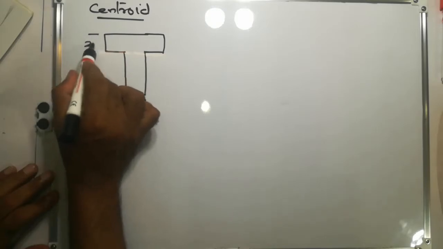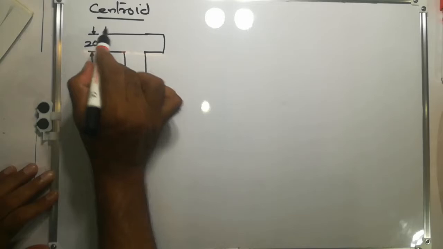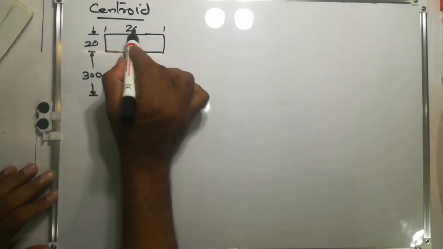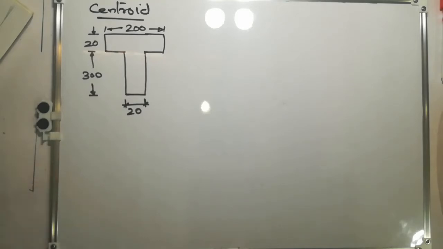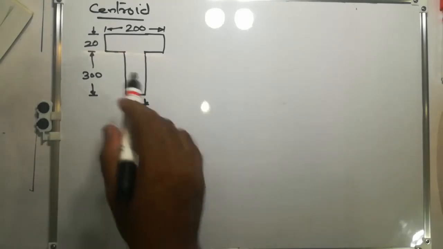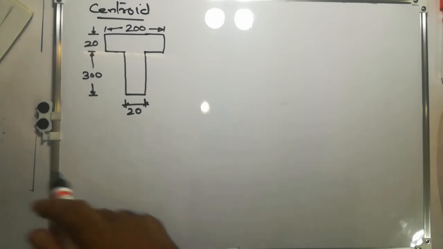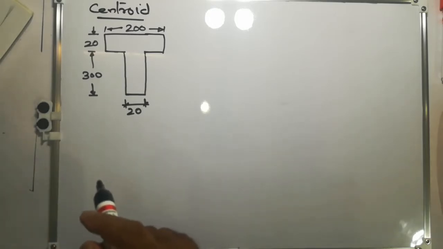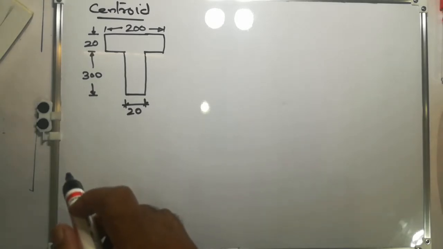This is again 20, and this distance is 200 mm. All distances are in mm. Now we need to find the centroid of this complex area. Then how to find out the centroid of this complex area?